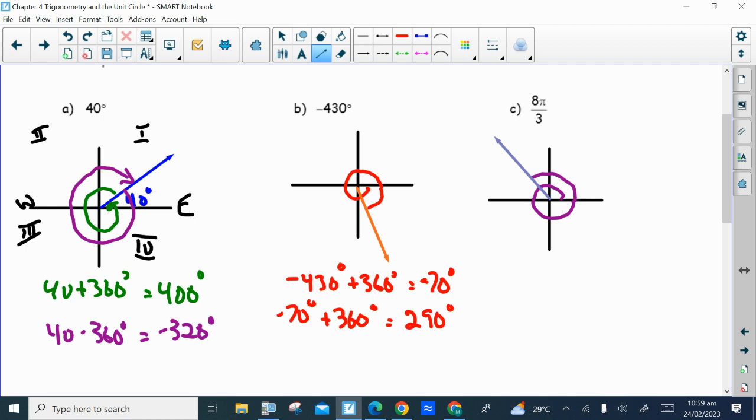So that's where we are. In this case, we are in quadrant 2. In the previous example, we were in quadrant 4. Now, 8 pi on 3 is where we're at.